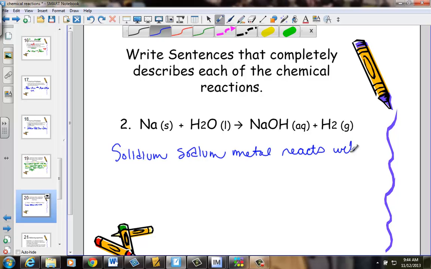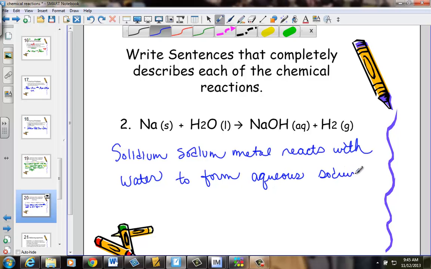L H2O. Let's not write liquid water. It's redundant. It reacts with water. Otherwise, I'd say steam or ice. For the arrow, I'll write to form. Yields, makes, produces. Any of those would be great choices. Now I have AQ and NaOH. That AQ is aqueous. It means it's dissolved in water.